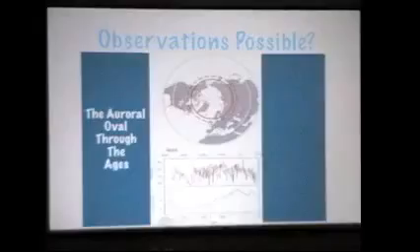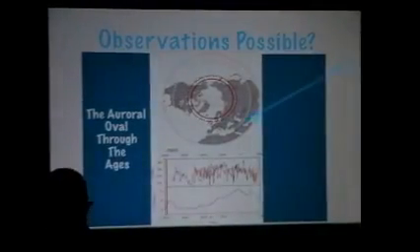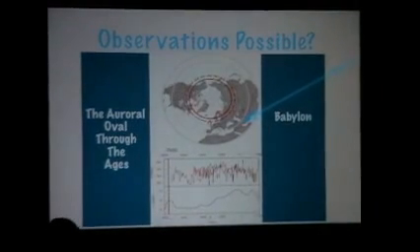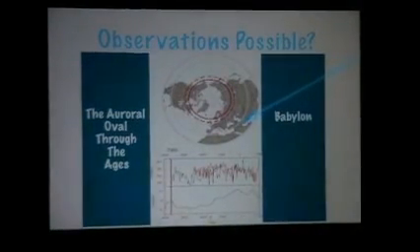Now the other question is, are you likely to see them? After all, you've probably all seen these pictures of the auroral oval, and it's canted on the wrong side of the Earth. Some murmurs of agreement around here. Well, it turns out that the auroral oval actually just wanders about the globe a little bit.